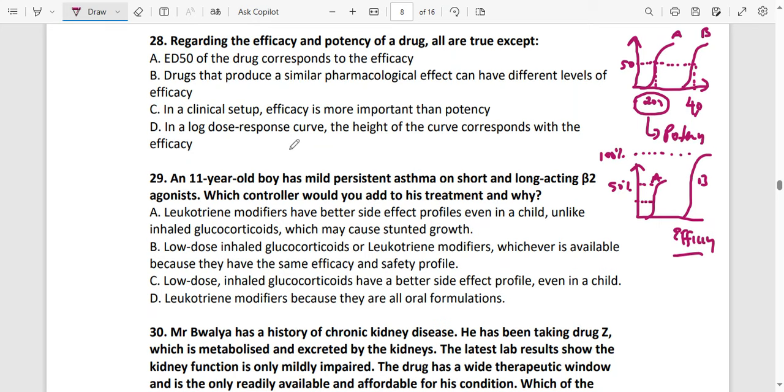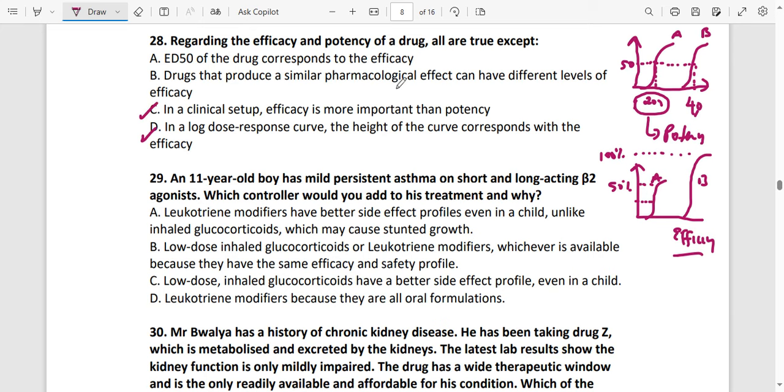D. In a log dose response curve, the height of the curve corresponds with the efficacy. Is that not true? So we want what is false. So this one is true. Let's look at C. In a clinical setup, efficacy is more important than potency. Is that true? Yes, it's true. How about B?